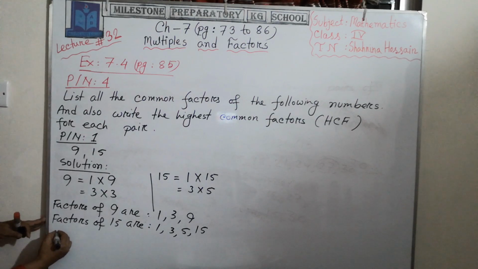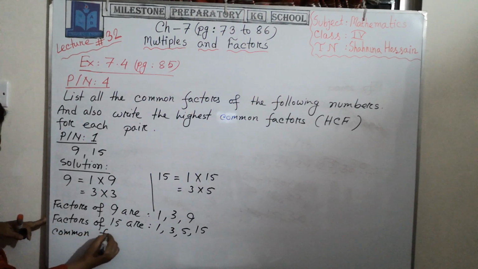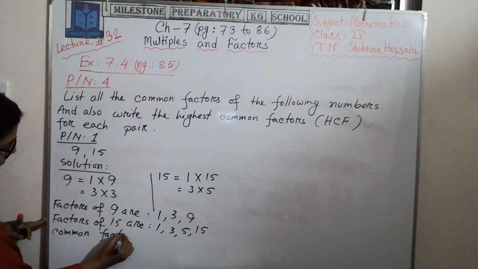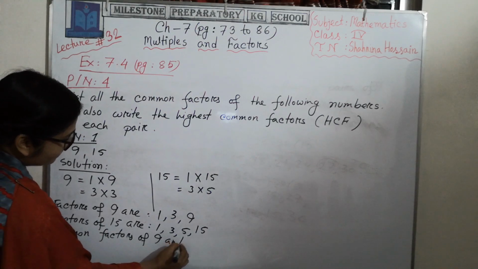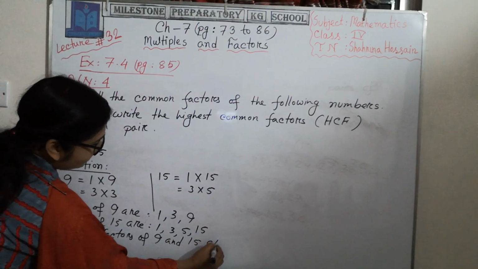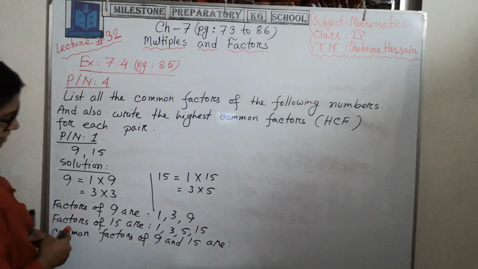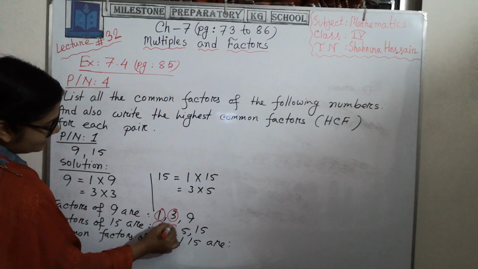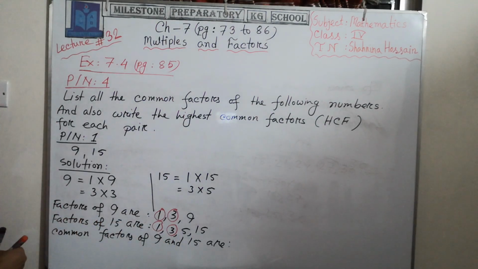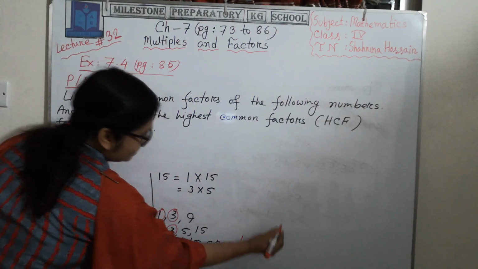So common factors of 9 and 15 are, what is common? Yes, I got 1 and 3. That means 1 and 3.